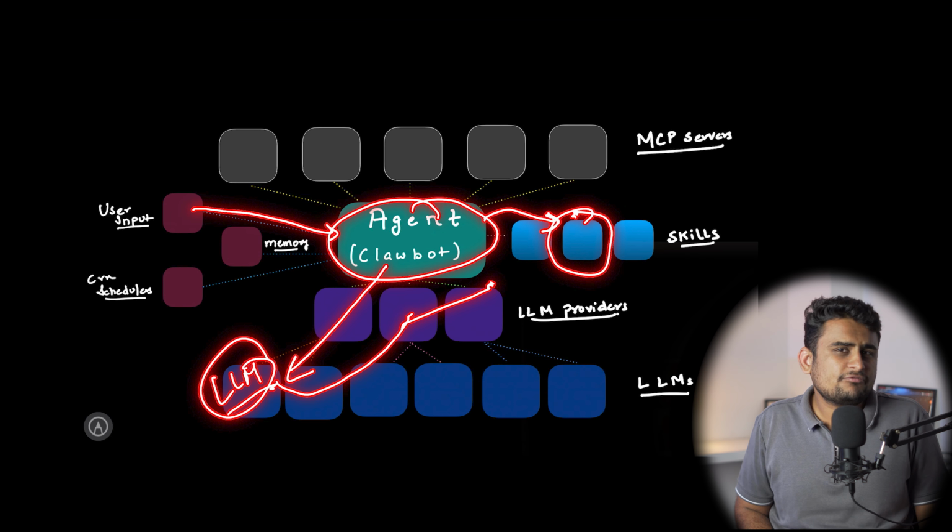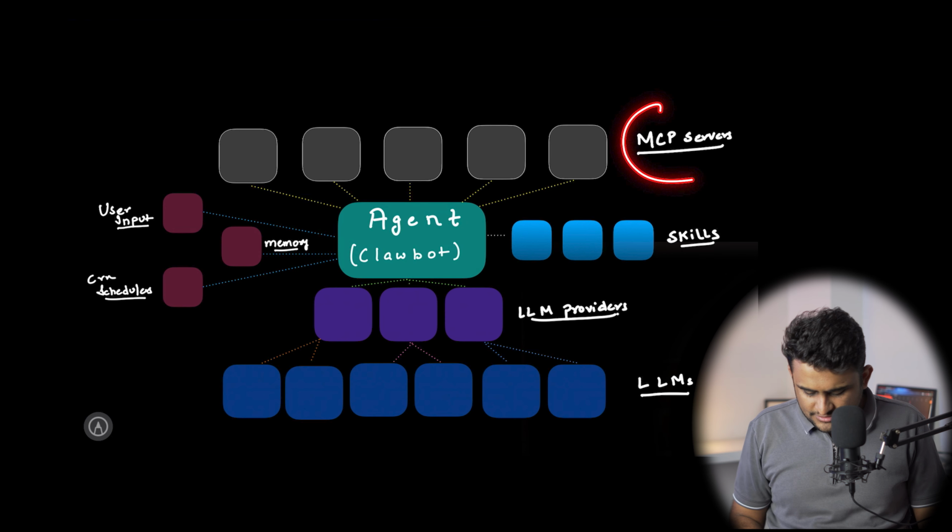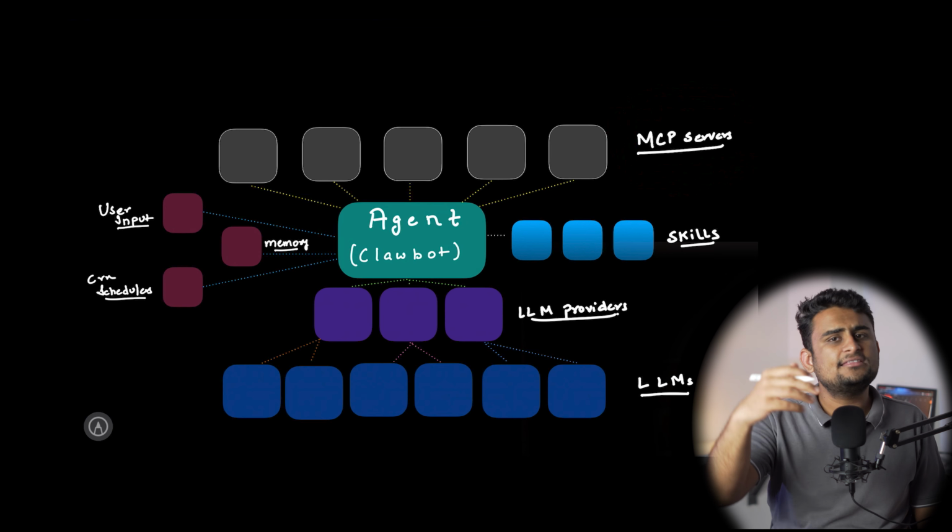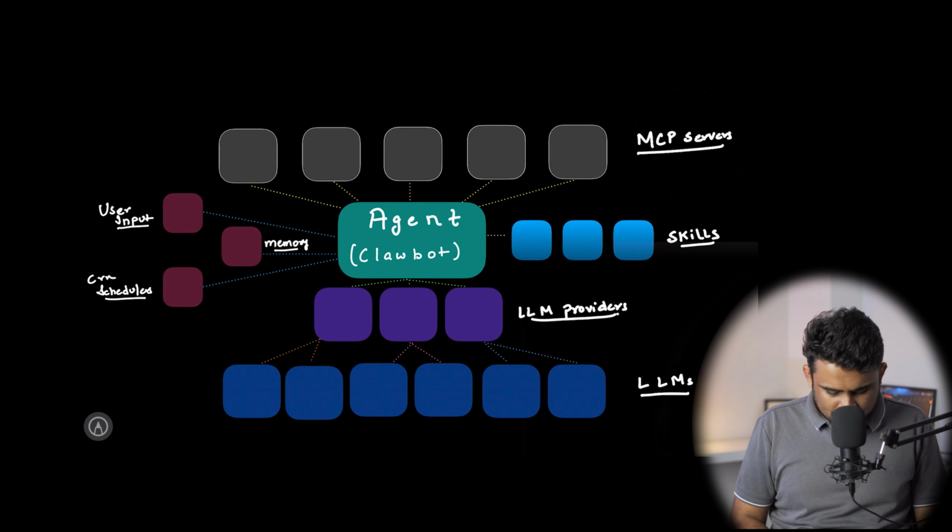Now at this stage, Clawbot doesn't care what the MCP server or the department does inside. So this department may do anything in their backend, right? Let's say they ask what are my tax filings, right?